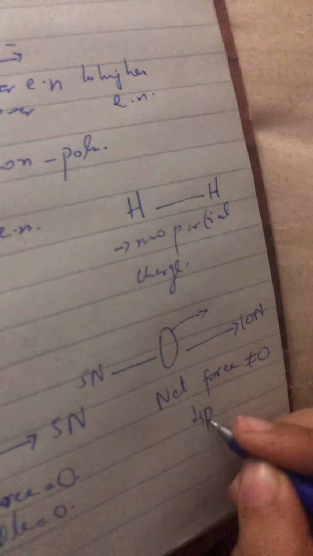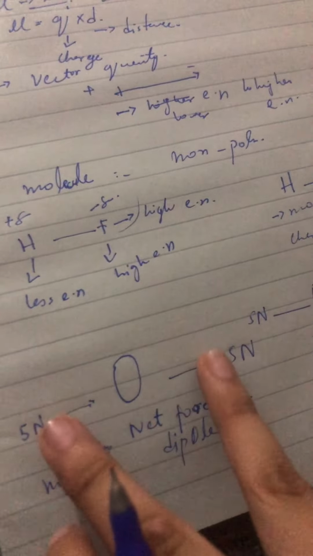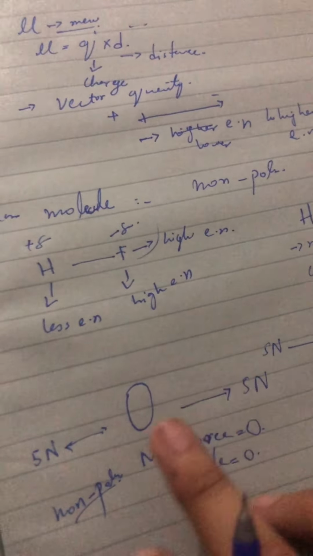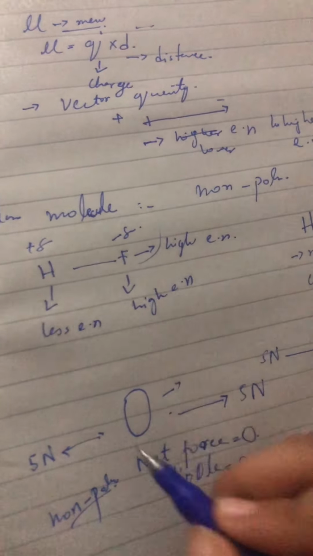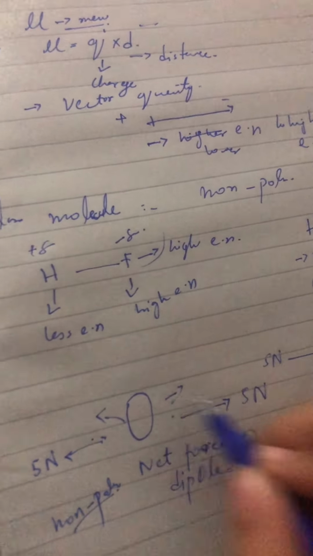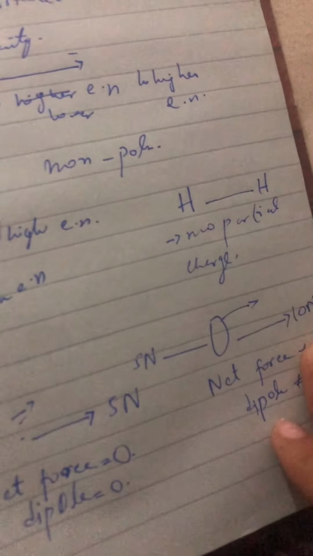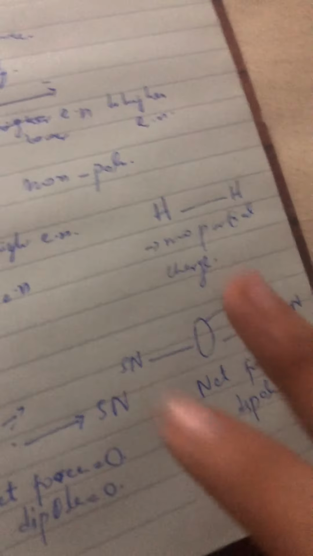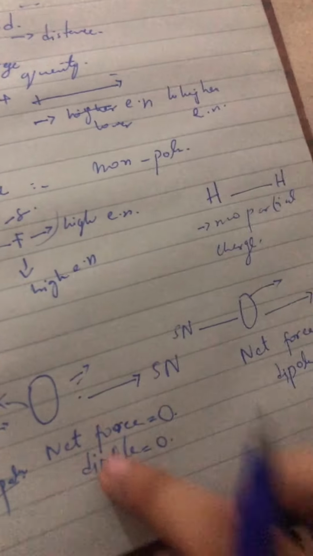Dipole will not be equal to 0. In the earlier case both forces are the same, so the ball stays in the center, but here the ball will be more towards one side because there is more force, so the net force is not equal to 0.